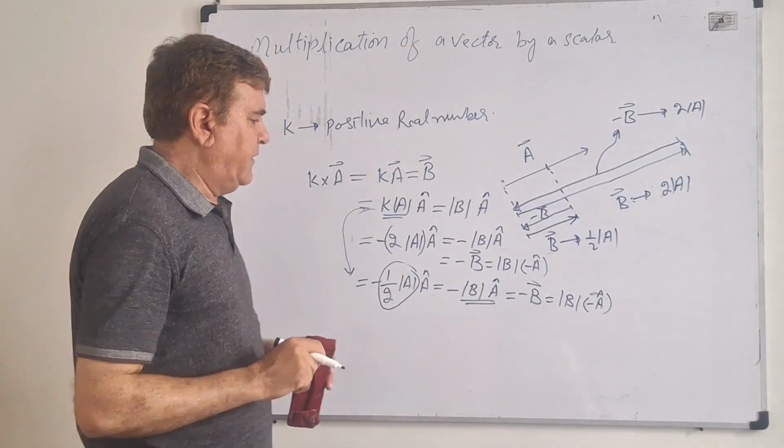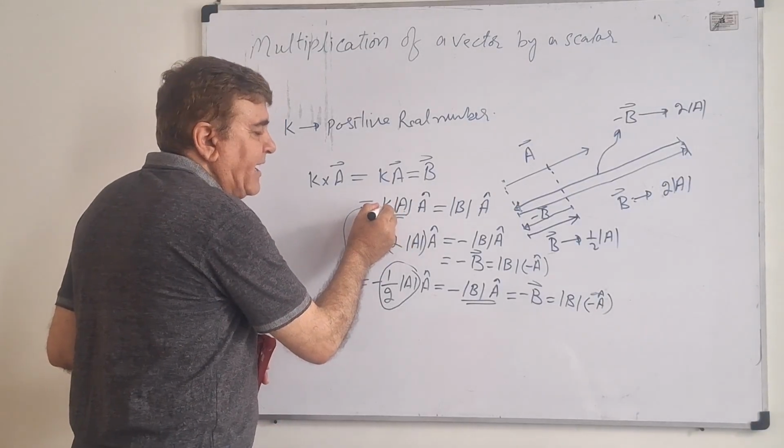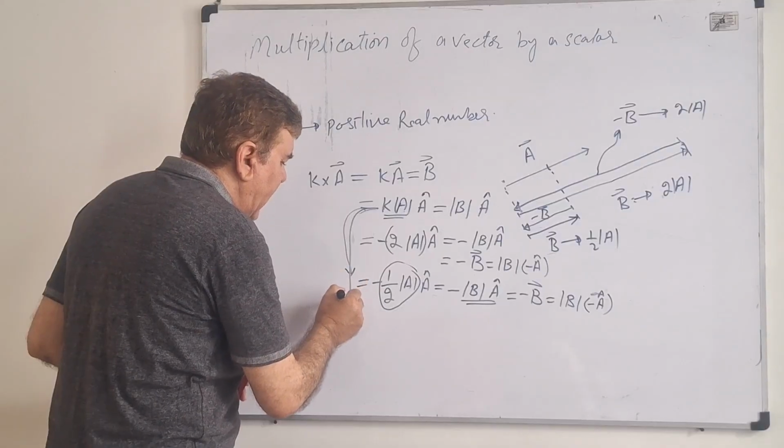Now, a very important thing that you need to memorize: if k multiplied with A were minus 1, what would we have then?